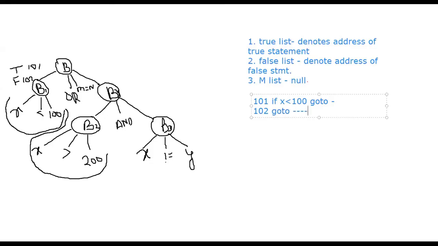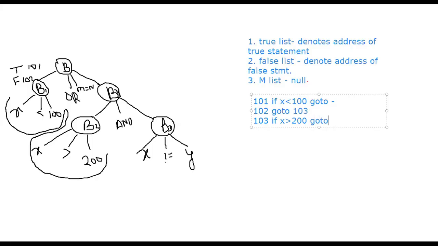But I know from the scanning of the parse tree that if x is less than 100 is false, then we'll move to the statement B2. And where is this statement written? The first condition of the statement, if x is greater than 200, is written at the line number 103. So I'll write 103 at this line number.